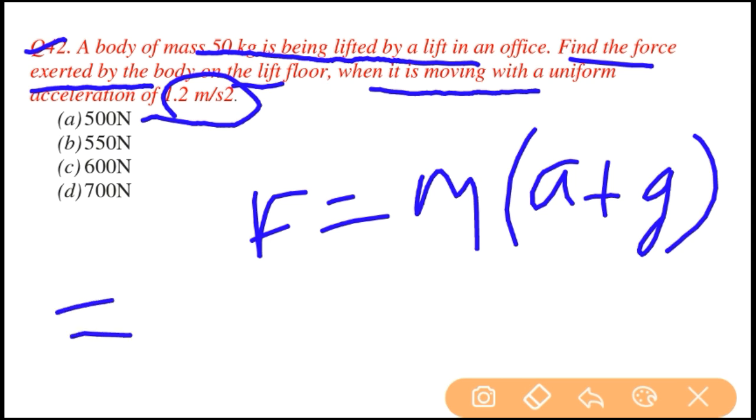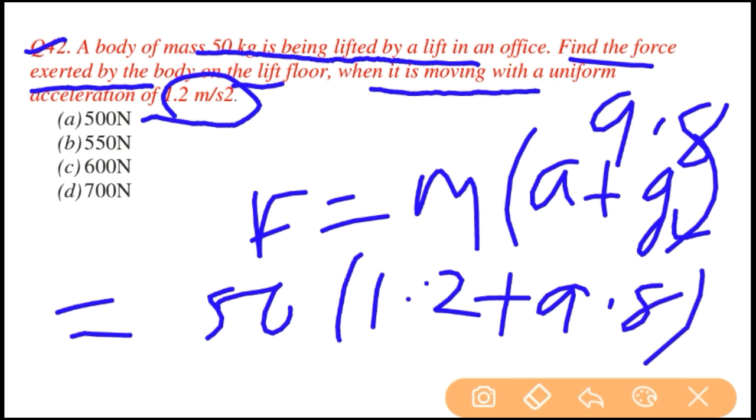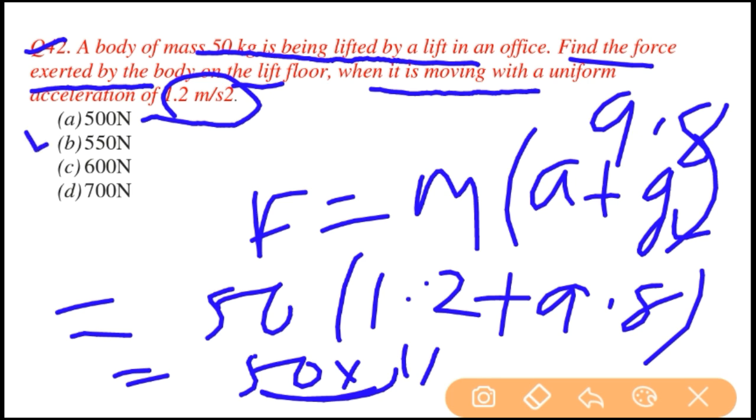So that equal to mass 50 into acceleration a is 1.2 and g, we know that g is 9.8. So 50 into 11, that is 550. So option B will be the correct answer, 550 Newton.